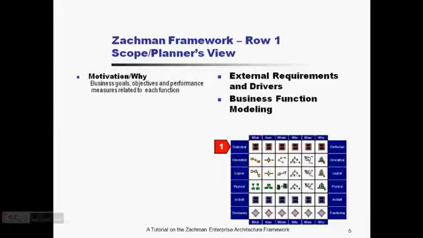Now, why we do that is describing the business goals, the objectives, and the performance measures related to each function. So we are telling the enterprise what are the motivations for every function and what are the goals and objectives we're following for that.